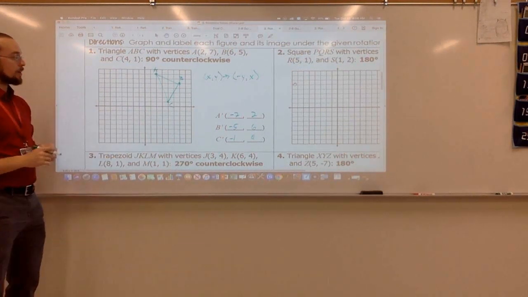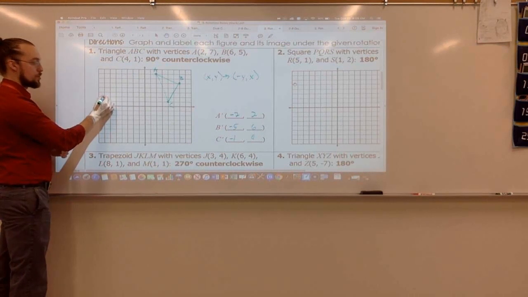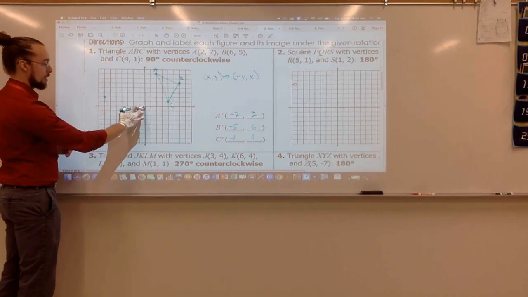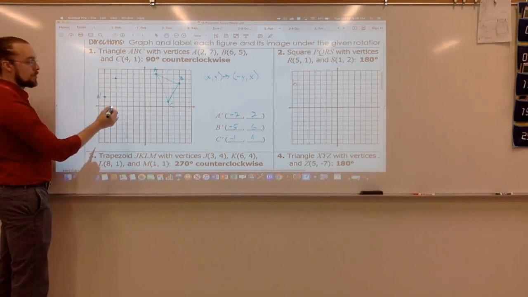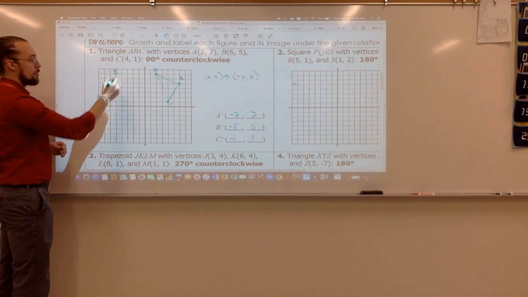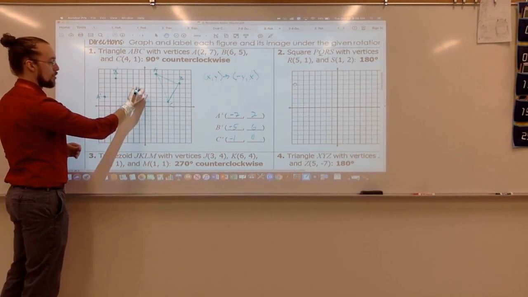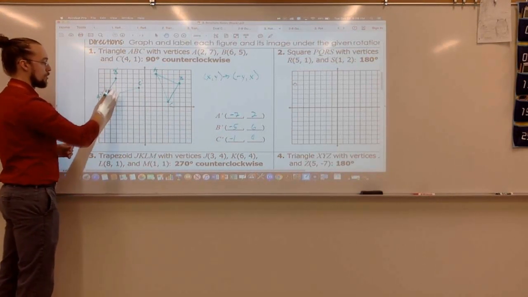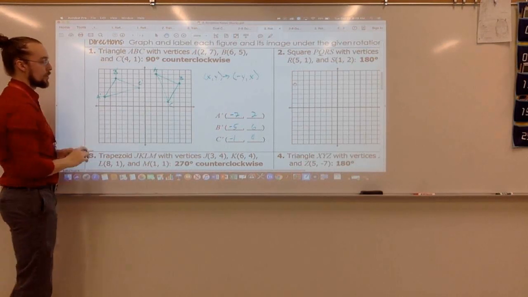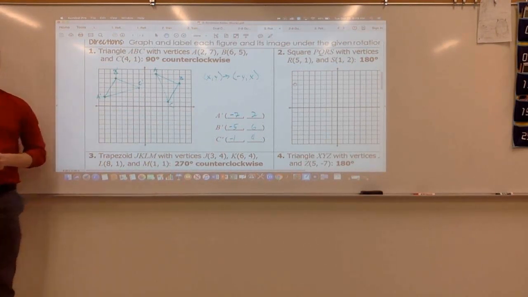Now my new triangle is going to be at -7, 2, A prime, -5, 6, B prime, and then -1, 4. Okay, so here is where this figure ends up if I take it and rotate it 90 degrees about the origin.